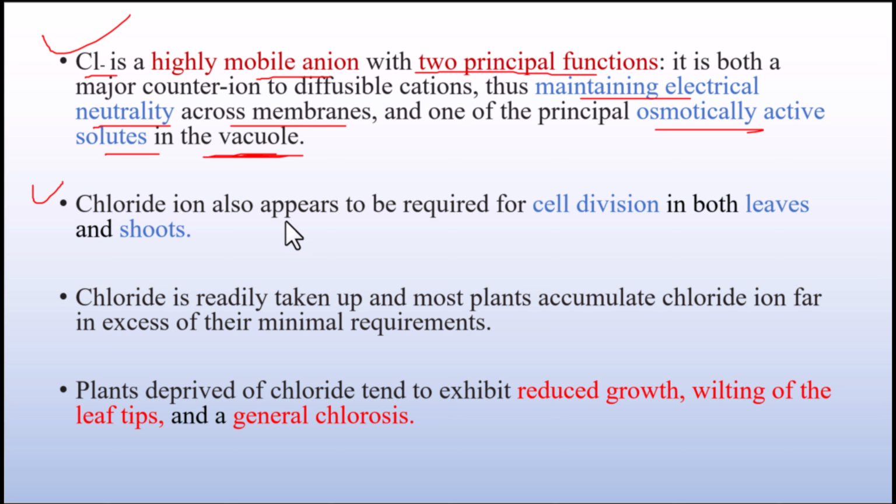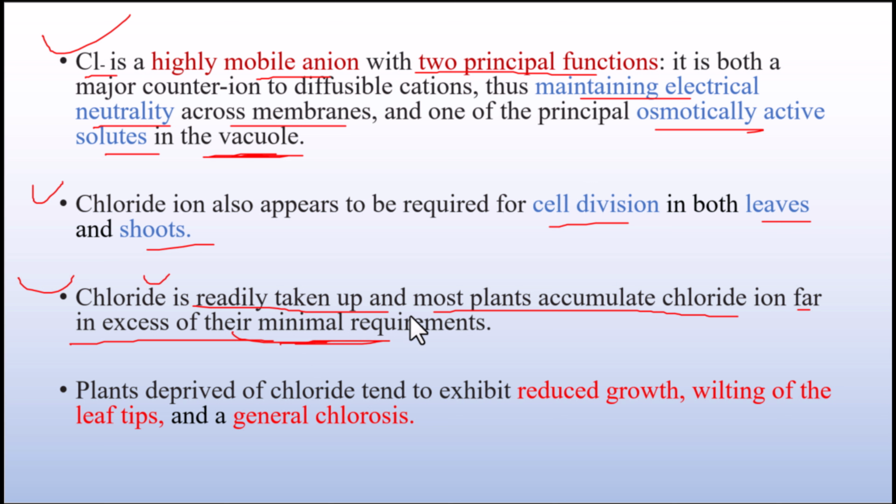Chloride ion appears to be required for cell division in both leaves and shoots. Chloride ion is readily taken up, and most plants accumulate chloride ion far in excess of their minimal requirements. It means apart from the minimal requirement, the chloride ion is absorbed by the plant and accumulates in the plant tissue.